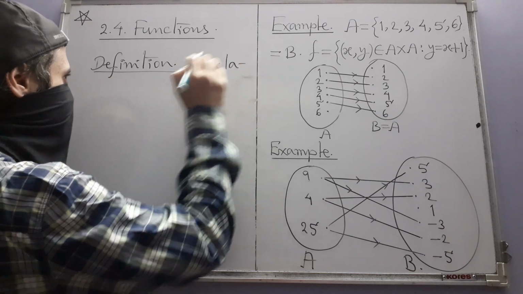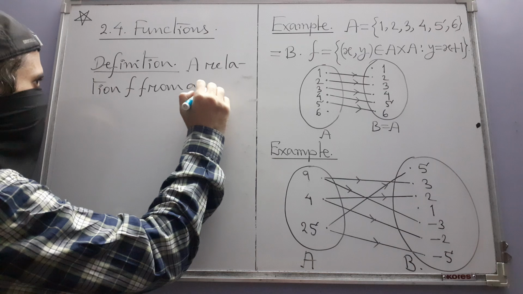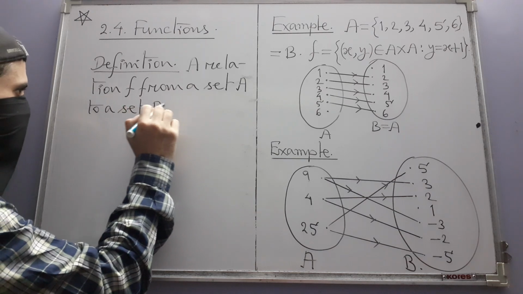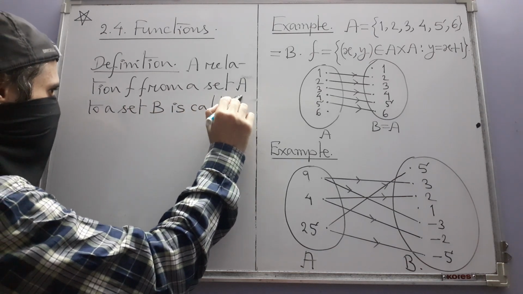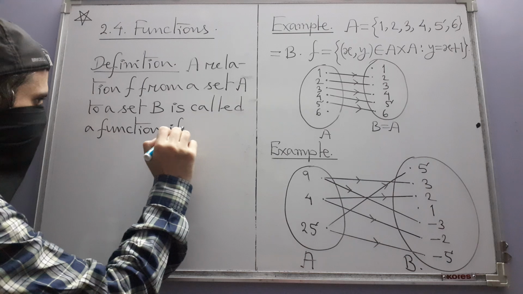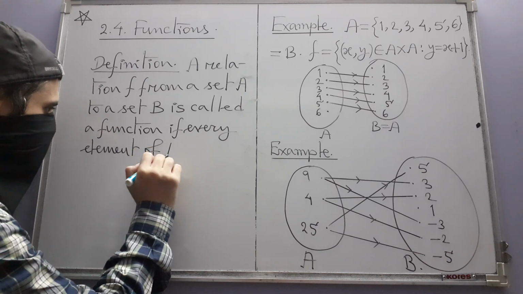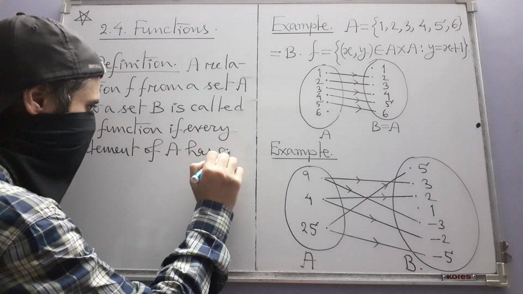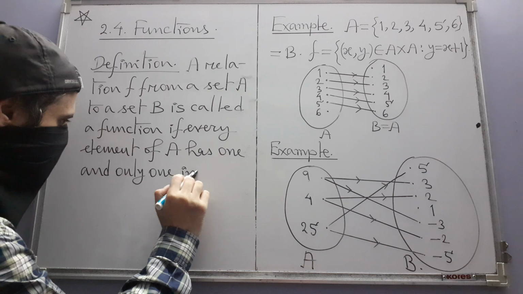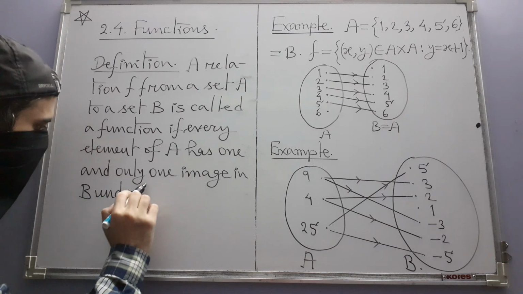A relation from a set A to a set B is called a function if every element of A has one and only one image in B under the relation F.